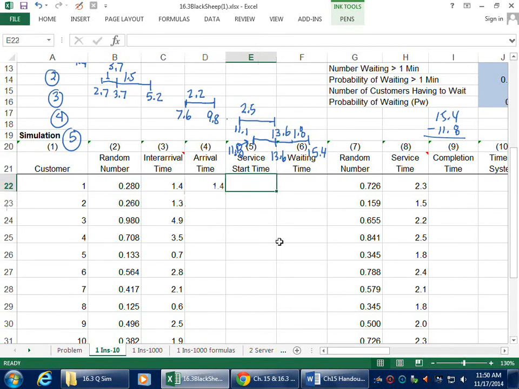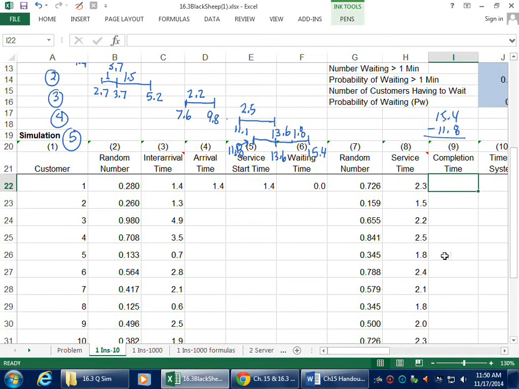The service start is the same as the arrival time, so the first one doesn't have to wait. All these times are the same for the first one, 1.4. Now the waiting time is the service start time minus the arrival time, so the time between the arrival and the start of service.